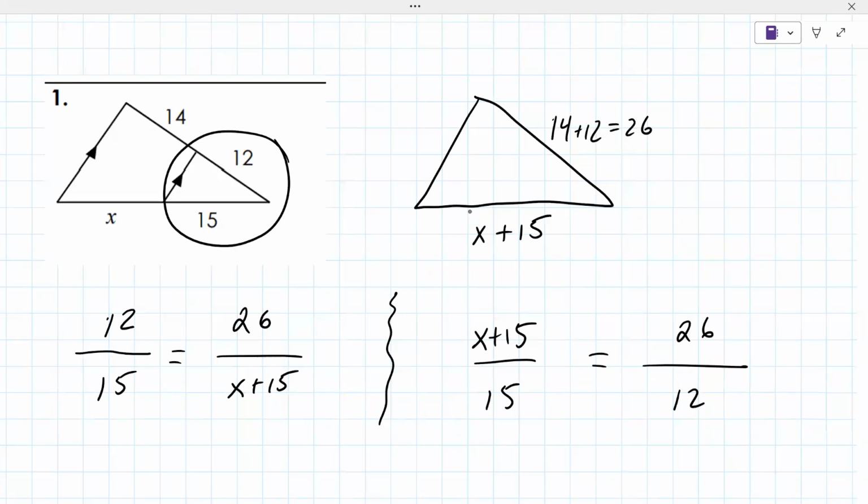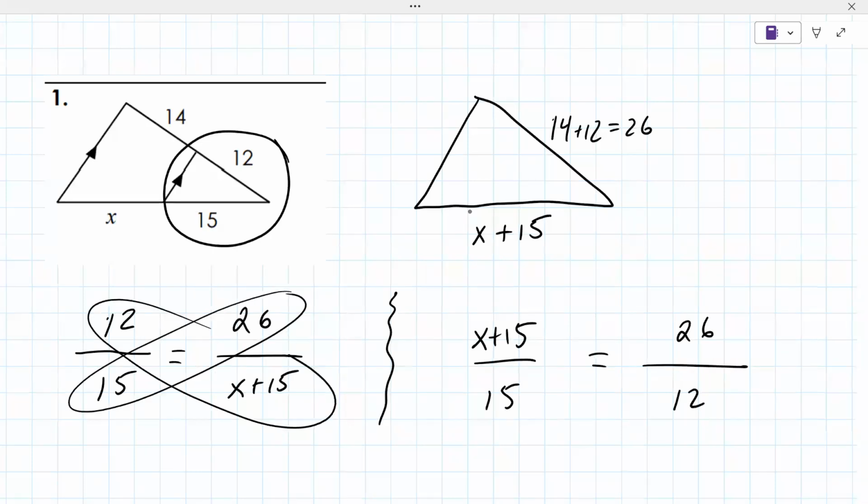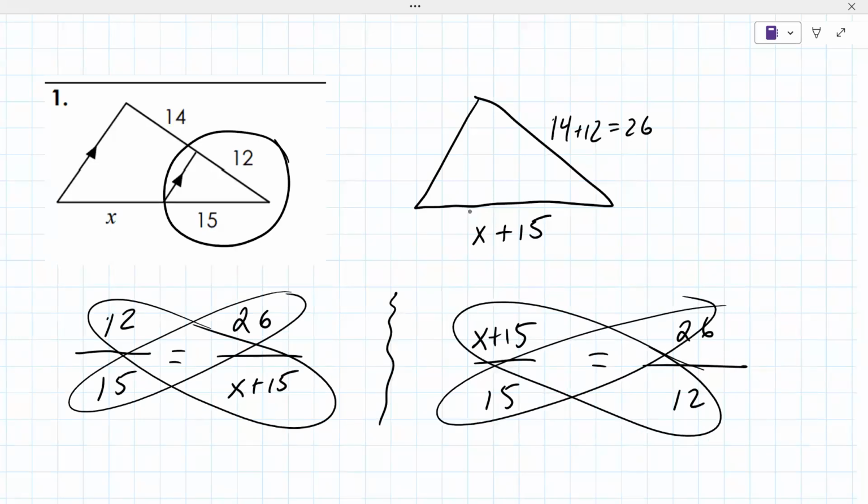Now these look totally different, but when you cross multiply, you'll see that you end up cross multiplying with the same values. So it really doesn't matter. You have to pick how you want to set it up. I'm giving you probably too many options, but that is the nature of these things.